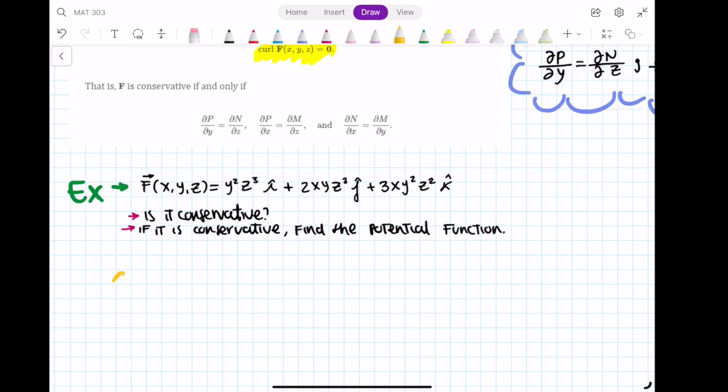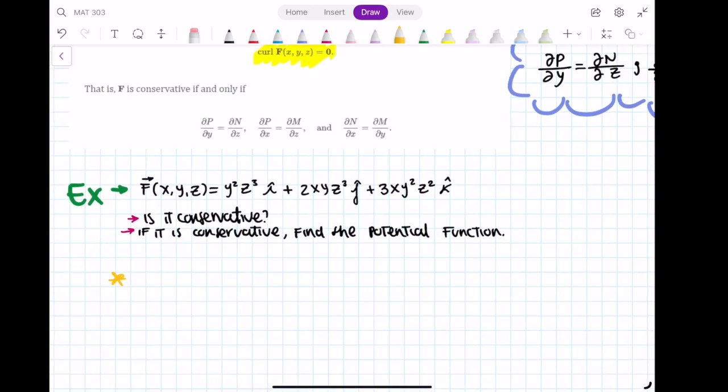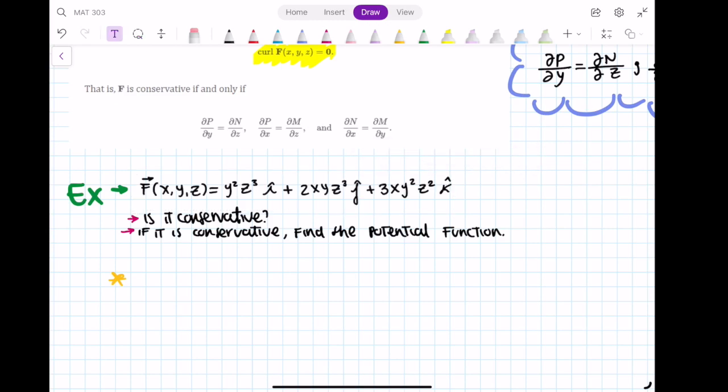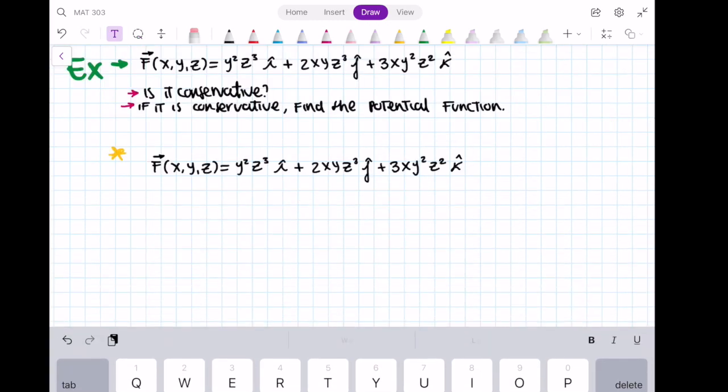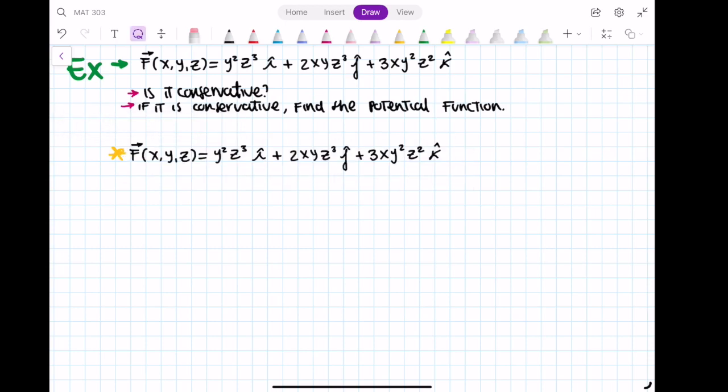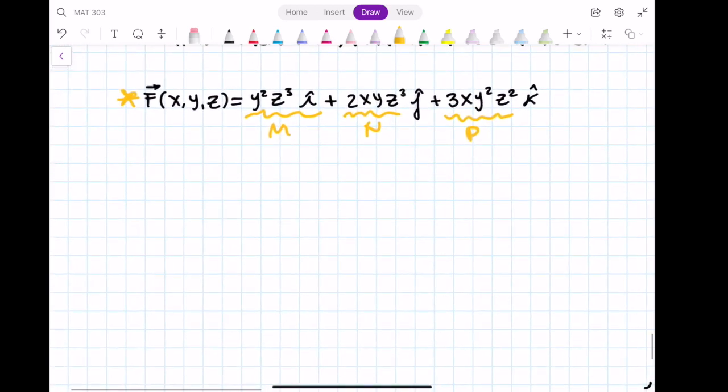First, to know if it's conservative, we can write the whole function here, to have it better, and say this one is our M, this one is our N, and this one is our P, right? And now we have the first part.